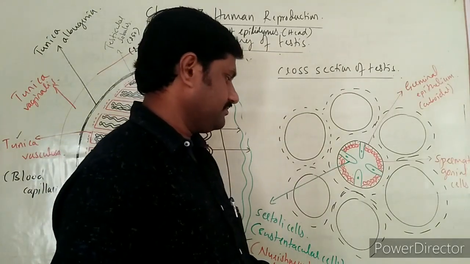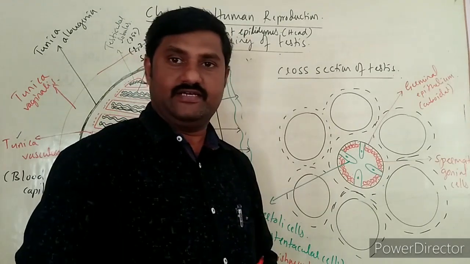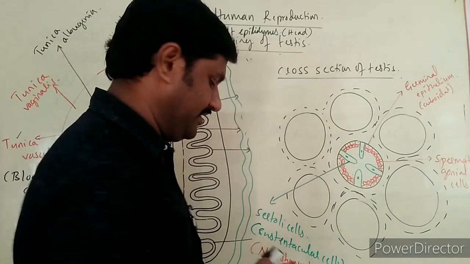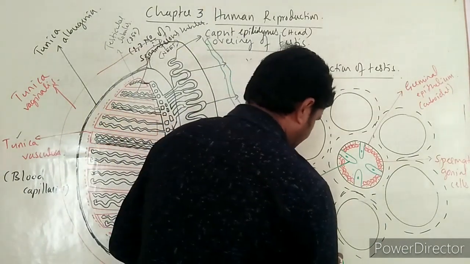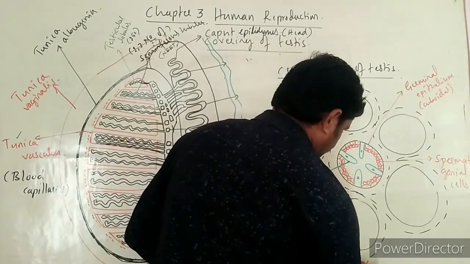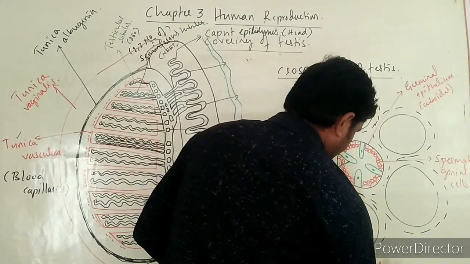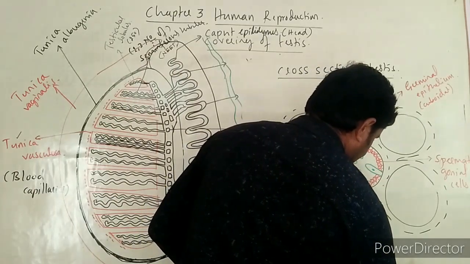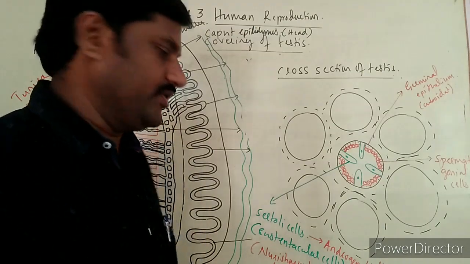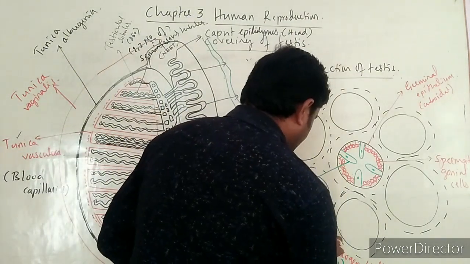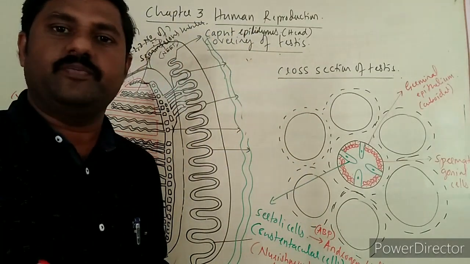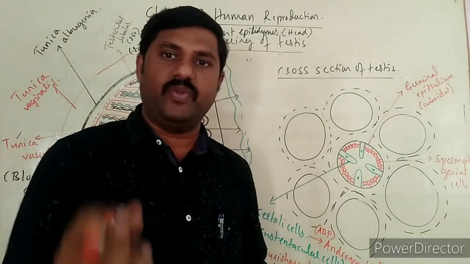Now this Sertoli cell produces a kind of proteins called androgen binding proteins, shortly said as ABP.